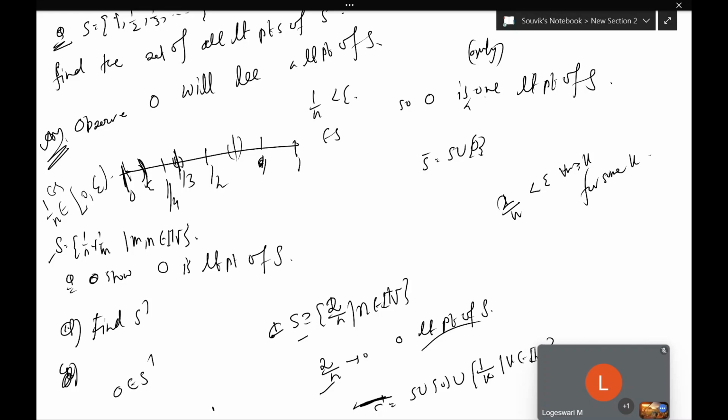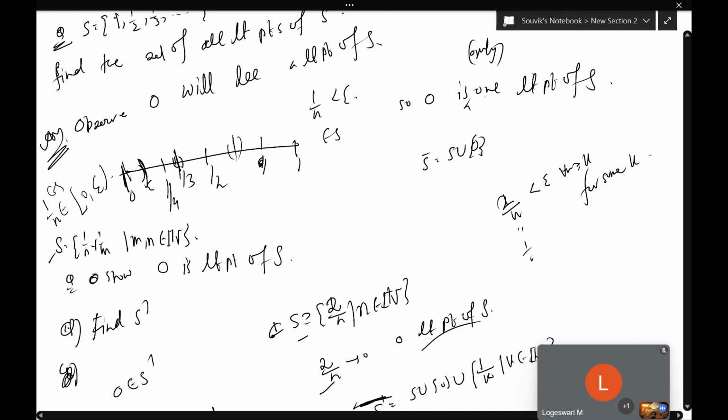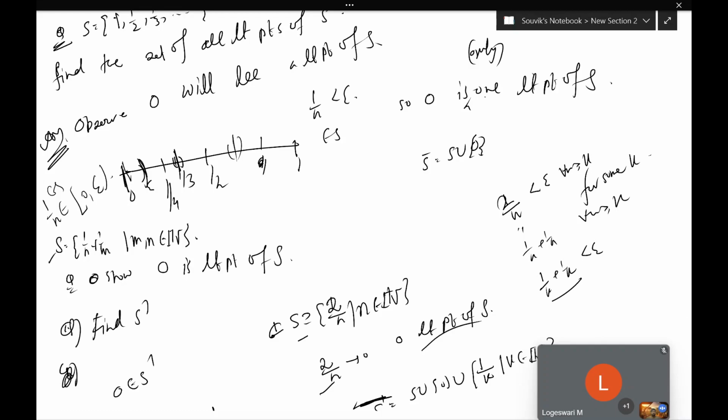And 2/n is nothing but 1/n + 1/n, and this holds for all n greater than k. So 1/k + 1/k is less than epsilon, and obviously it is a point in S. So 0 is a limit point of S.